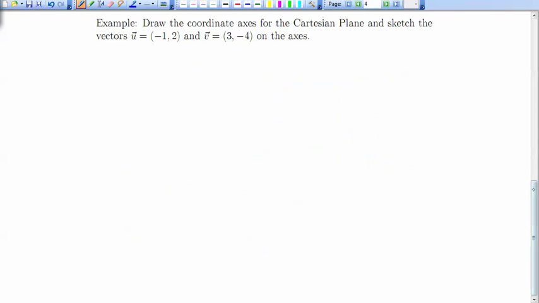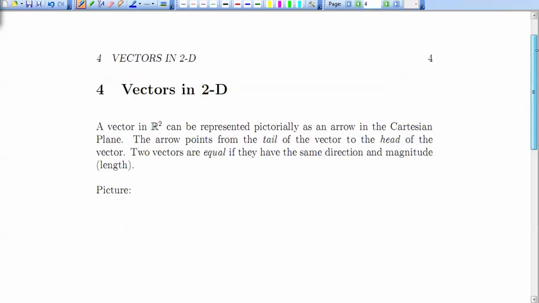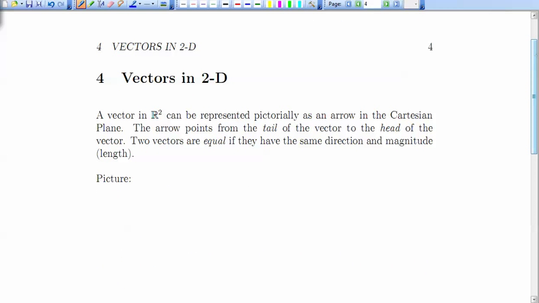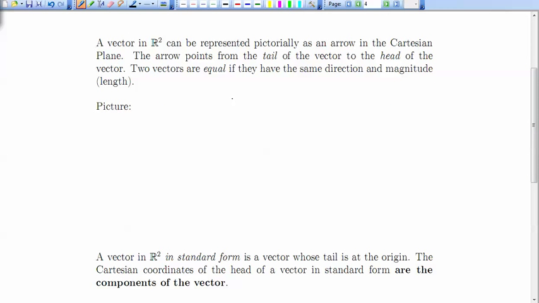Alright, so we'll continue along. And now we'll connect this back to a nice picture of vectors. So if I have some vectors in the Cartesian plane in R2, well, let's draw two vectors in R2. So there's a vector.